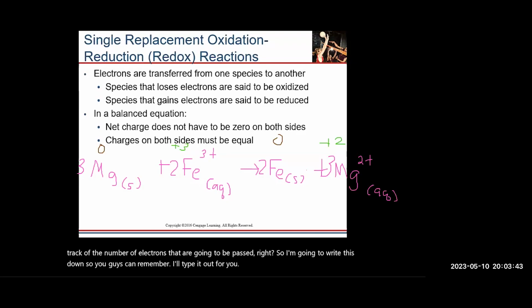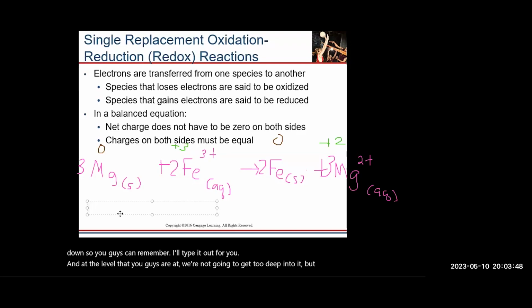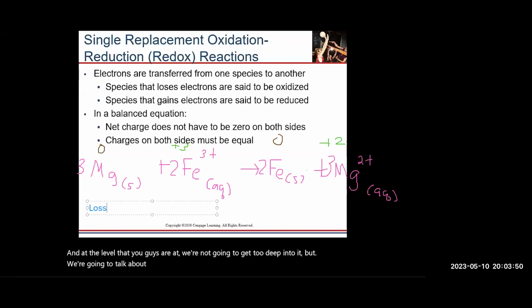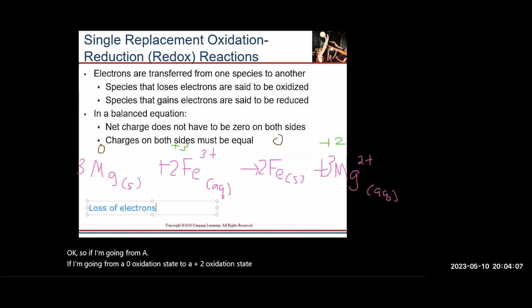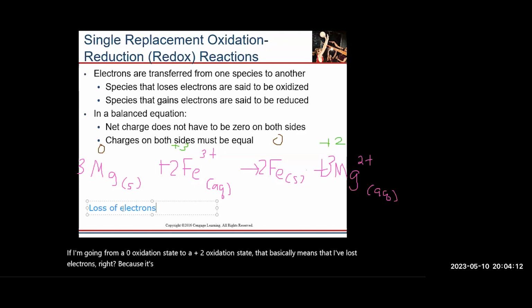At the level that you guys are at, we're not going to get too deep into it, but we're going to talk about loss of electrons. So if I'm going from a 0 oxidation state to a +2 oxidation state, that basically means that I've lost electrons, because it's +2. Magnesium is going from a 0 state to a +2 state when it forms its ion.